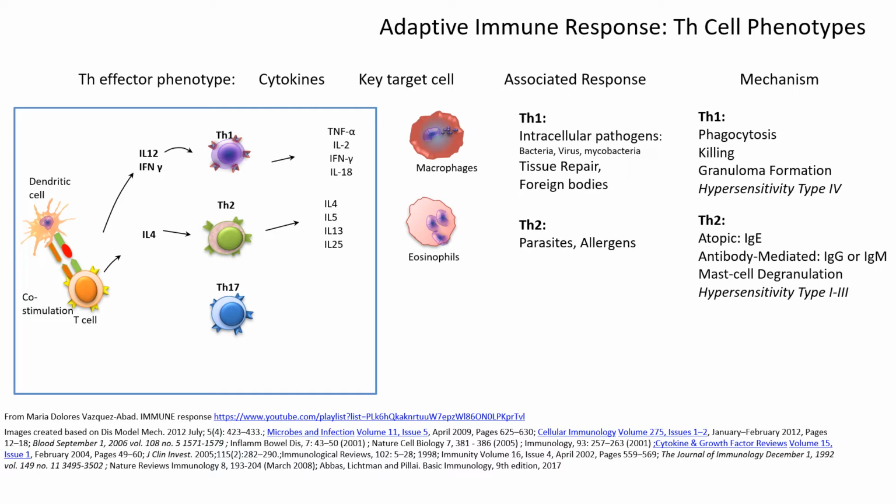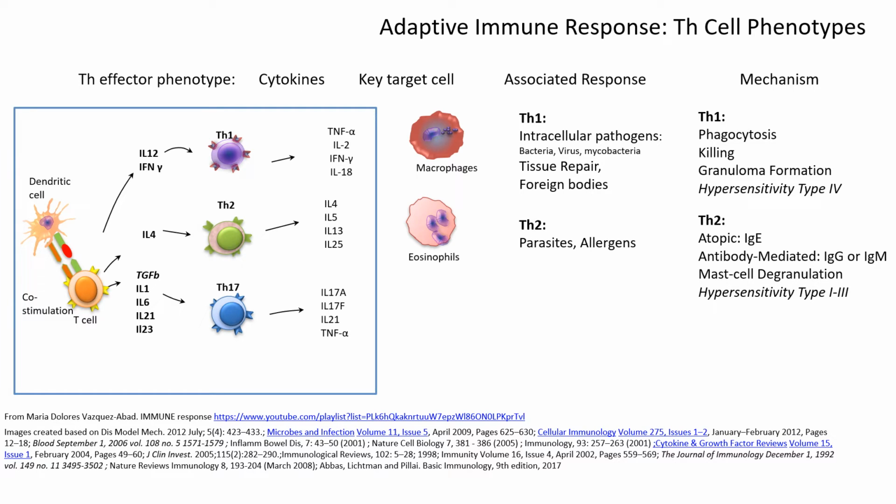They can also produce mast cell degranulation, and they are involved in hypersensitivities type 1, 2, and 3. Type 1 hypersensitivity is mediated by IgE. 2 and 3 have IgG and or IgM.